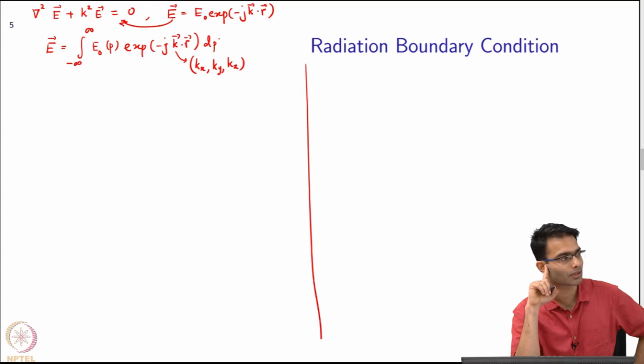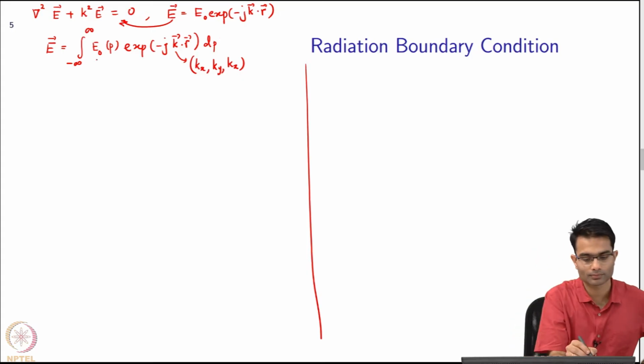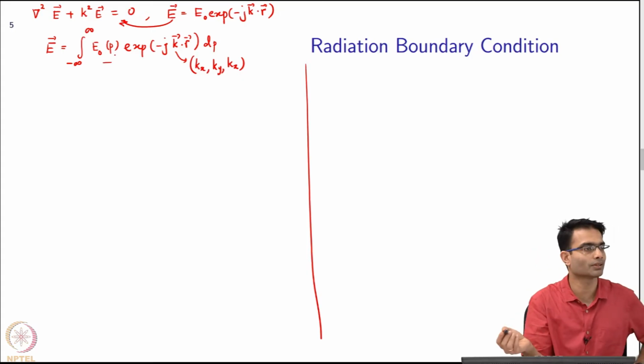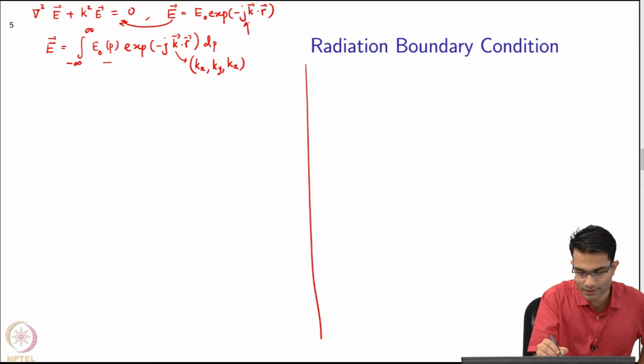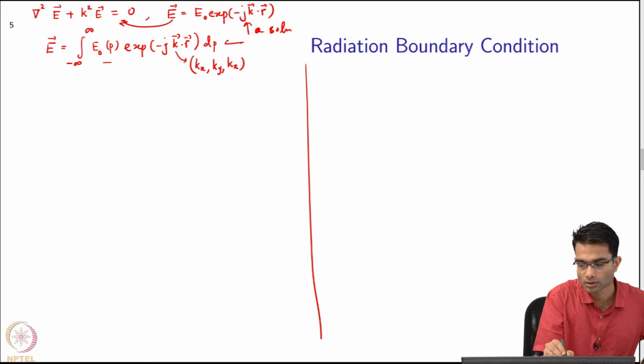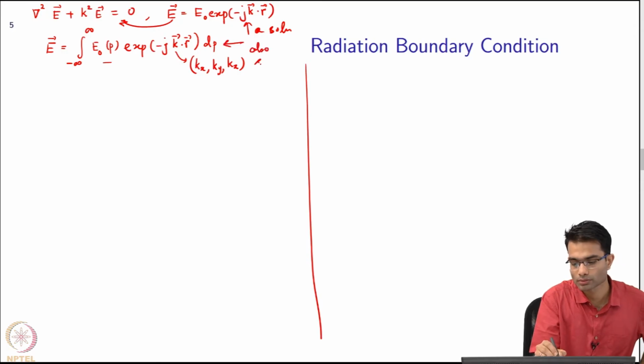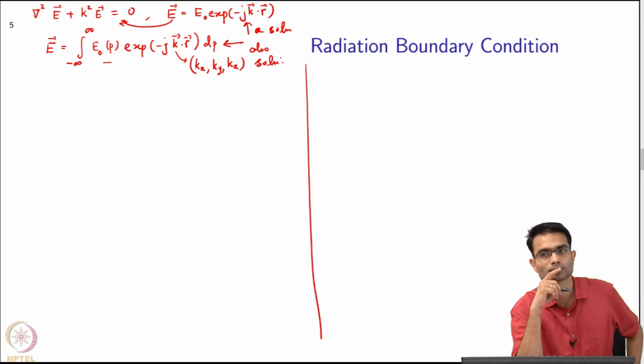So, this integral over different values of p does not actually do anything. So, if this is a solution, this is also a solution. So, what is this?